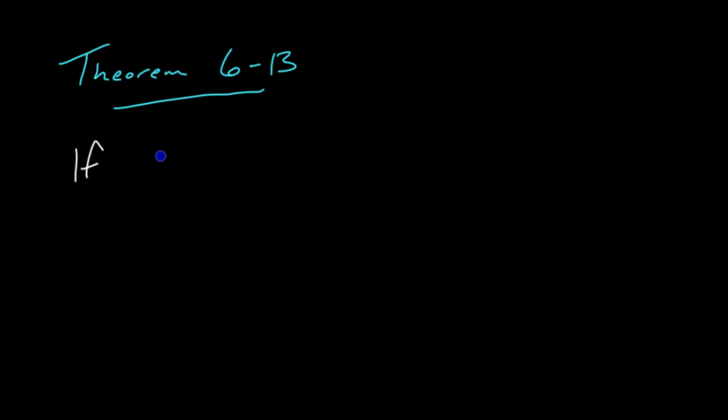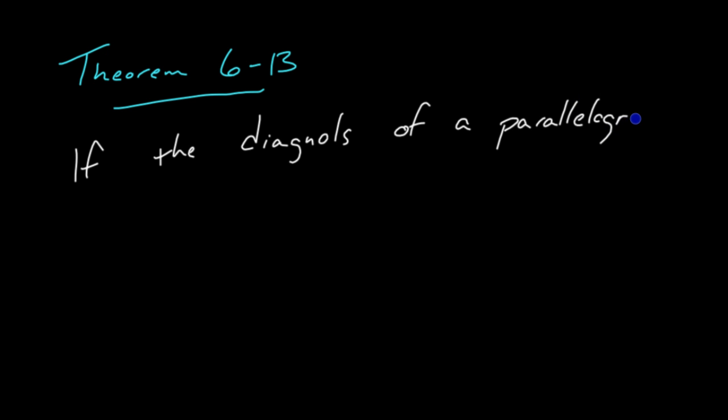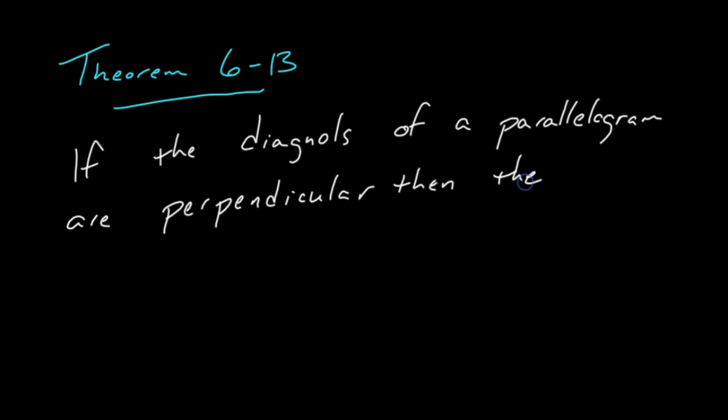It's talking about the diagonals of a parallelogram again. And this time around, if the diagonals of the parallelogram are perpendicular, so in other words, if those diagonals make right angles, then we know that shape is going to be a rhombus.